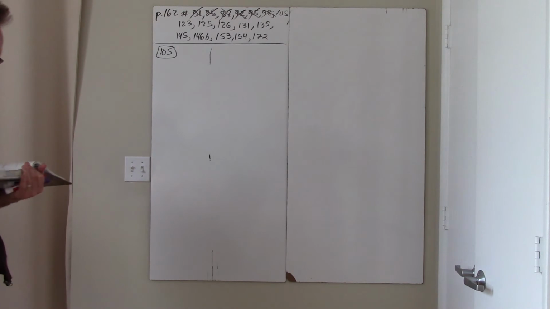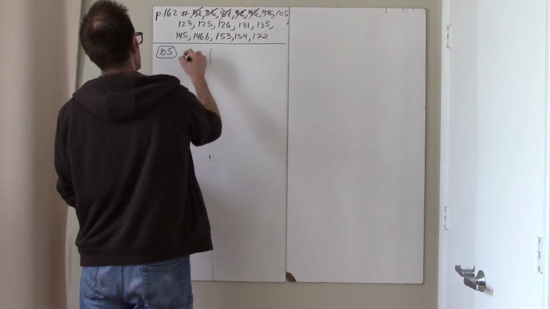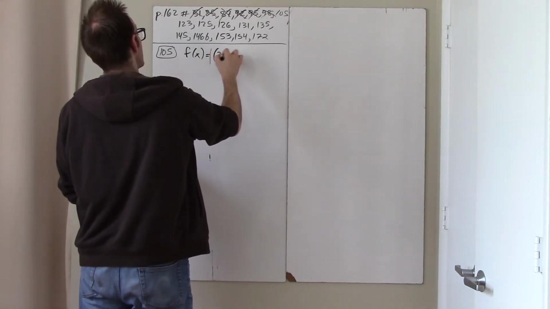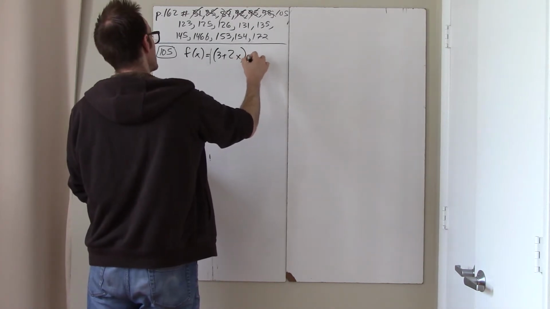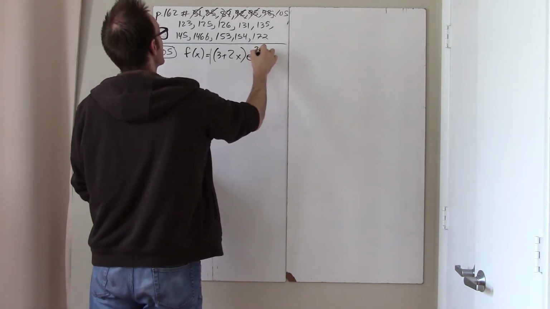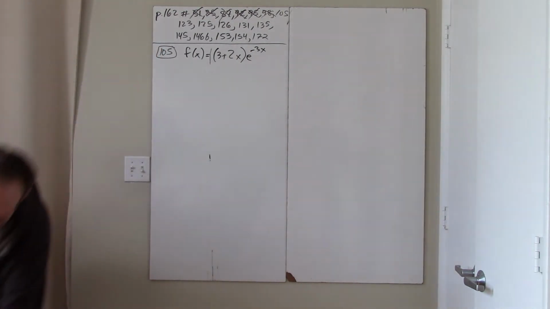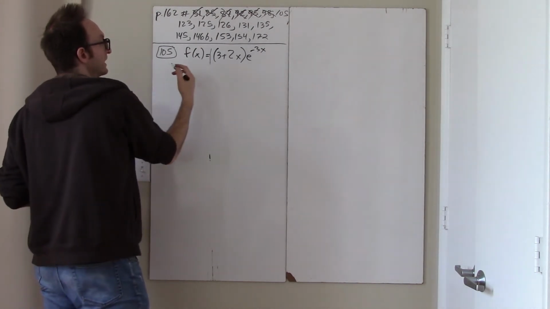Here is, why did I assign this problem? This just looks really annoying. Here's this function. It's 3 plus 2x times e to the negative 3x. And believe it or not, we need to find the second derivative. Okay, so this is just an exercise in chain rule and being careful.